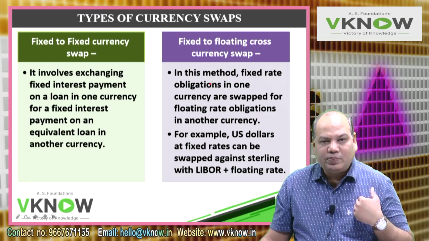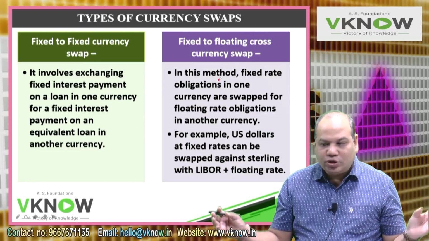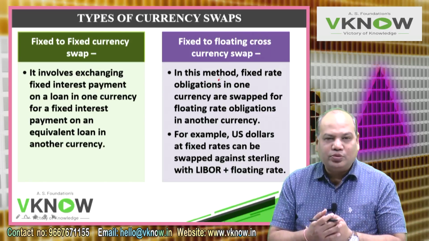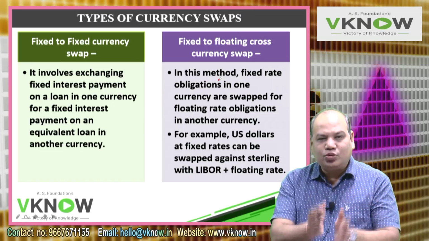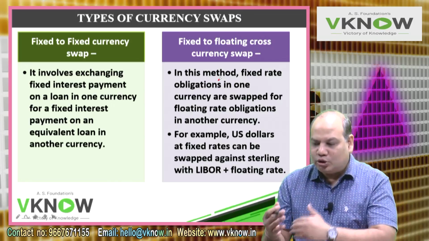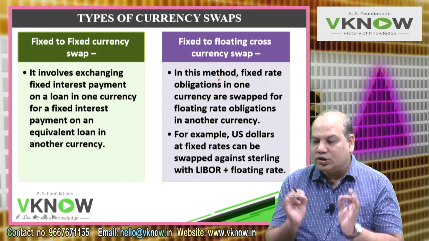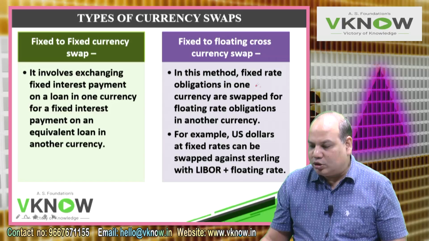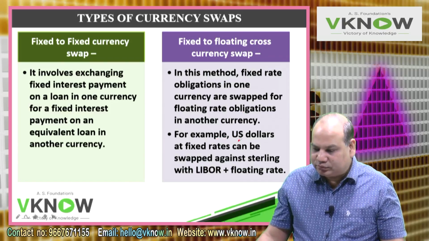So when one party pays fixed rate and the other pays floating rate, it is a combination of currency swap also, because currencies are also being exchanged, and fixed rate is swapped against floating rate, so it also becomes an interest rate swap. So that is why it is called cross currency swap. It's a combination of currency swap and interest rate swap.